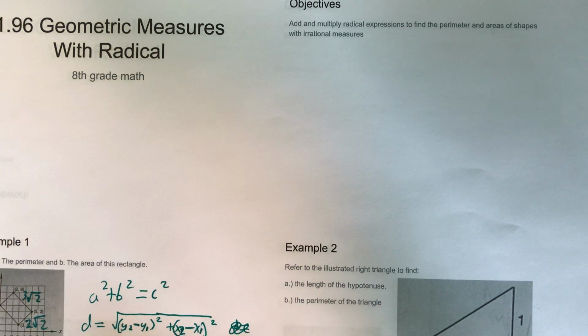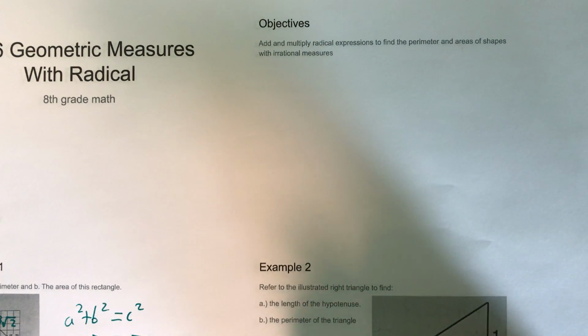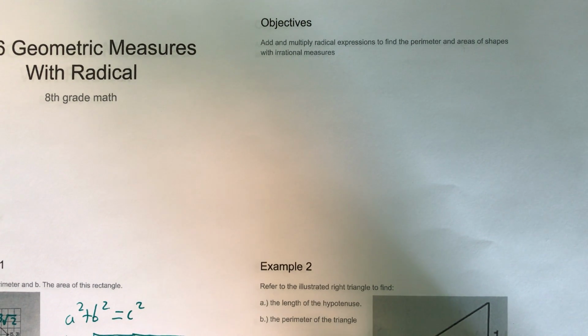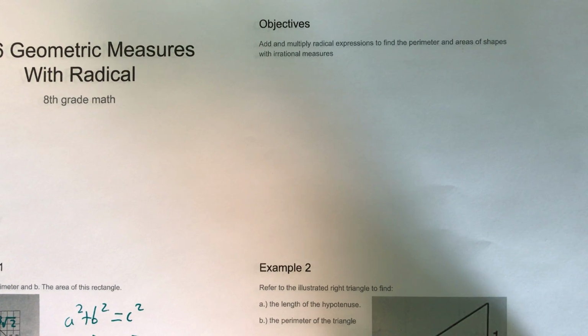Okay, now, this one. You refer to the illustration of the right triangle to find the length of the hypotenuse. Okay, so Pythagorean theorem. We've got both legs, so we have the square root of 3 squared plus 1 squared equals c squared.